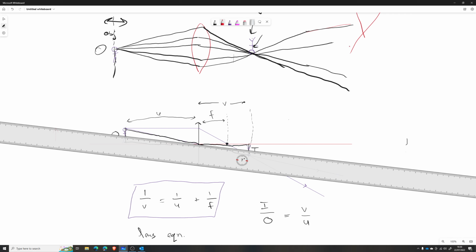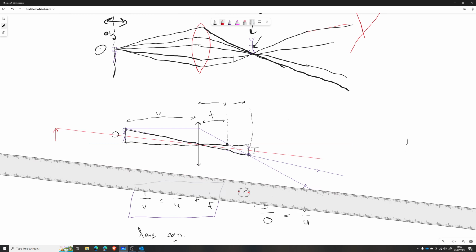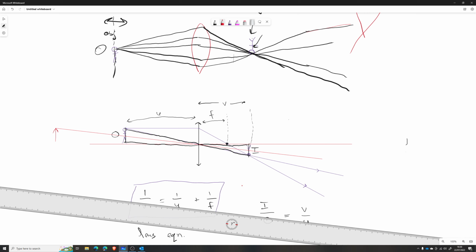But the ray that passes through the center of the lens is going to take a completely different line. So they will cross over at this point, and as we can see, that image is formed at a different distance.